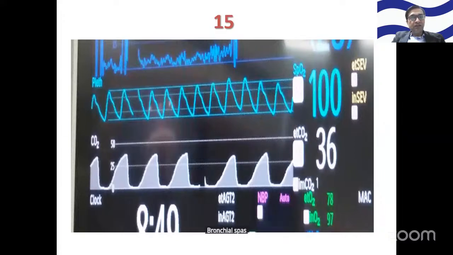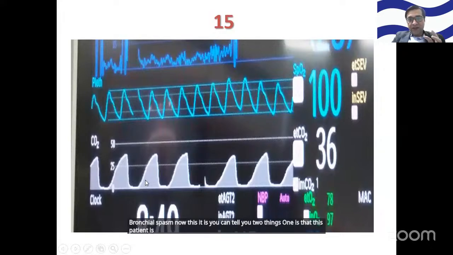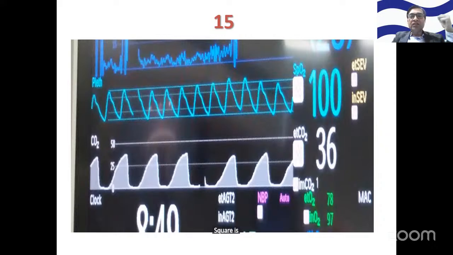Now, this ETCO2 can tell you two things. One is that this patient is having a bronchospasm, so you need to treat this patient. Second, when you give the treatment, if this ETCO2 regains its squarish waveform, that will tell you that your treatment is effective, right? So the use of this ETCO2 could be two.